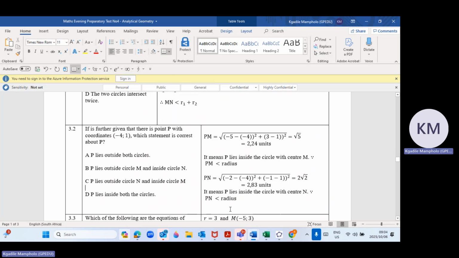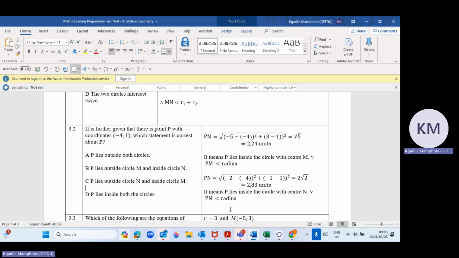Remember, when you determine whether a point lies inside or outside, you calculate the distance between the center and that given point. If that answer is less than the radius, it lies inside. If the answer is equal to the radius, it lies on the circumference.